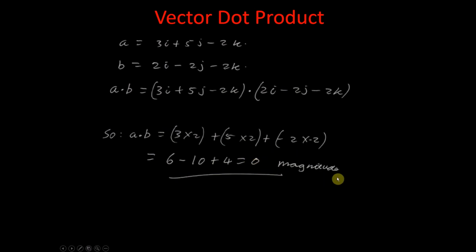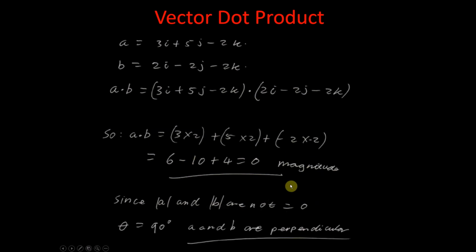So even though these two vectors are non-zero, when we find the dot product, we end up with a 0 magnitude. This says that theta is 90 degrees, so A and B are perpendicular to one another.